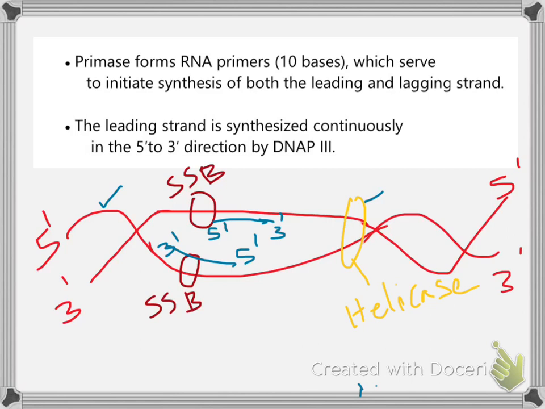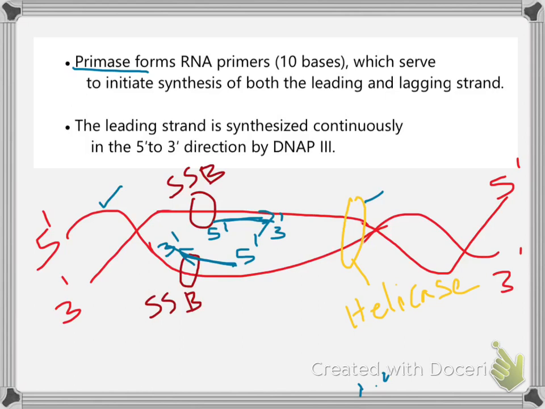Then the primer is synthesized by the enzyme primase, and this primer is added in the 5' to 3' direction. The directions of both strands are opposite, that is, both strands lie in anti-parallel direction.